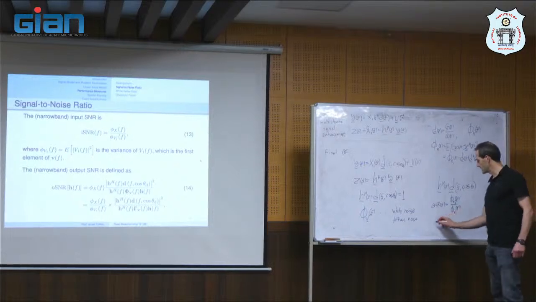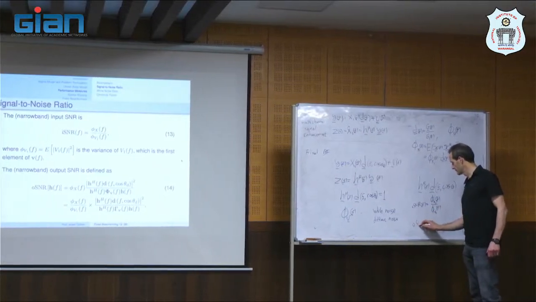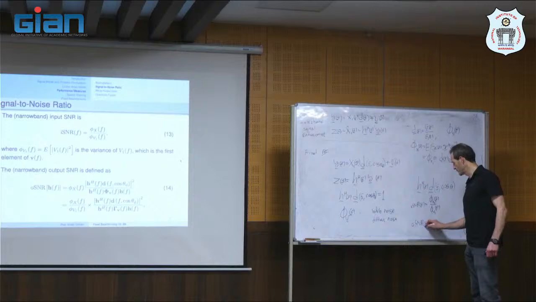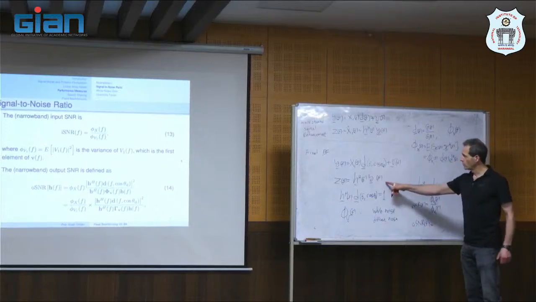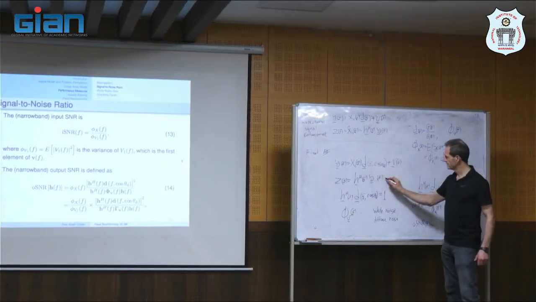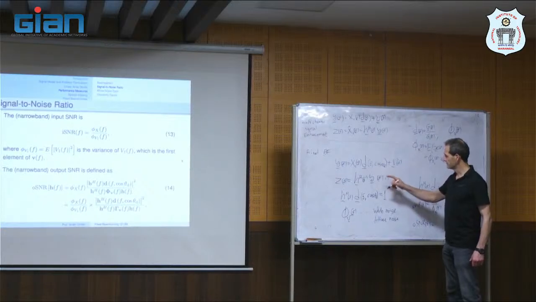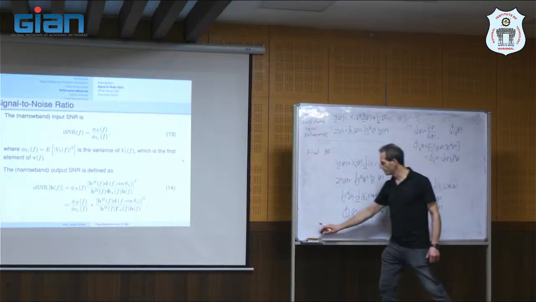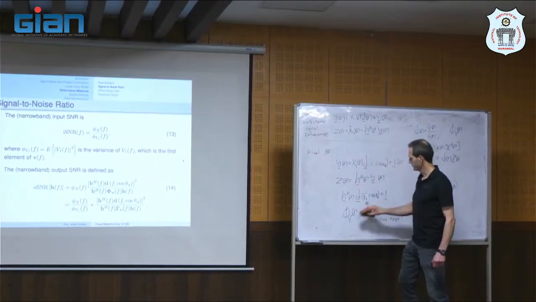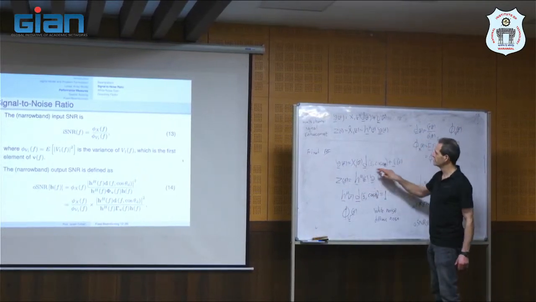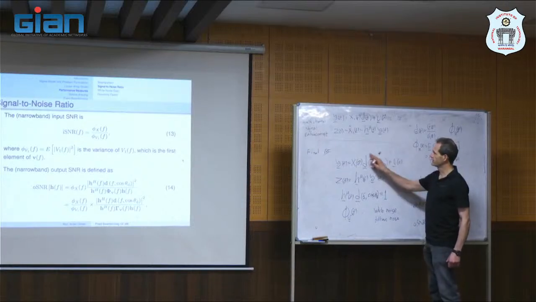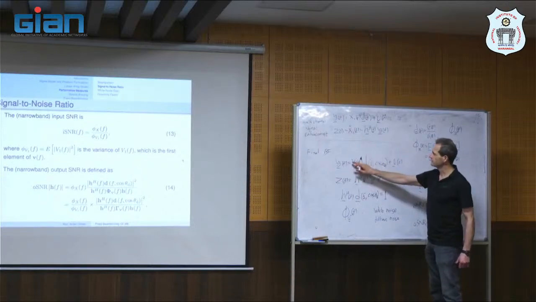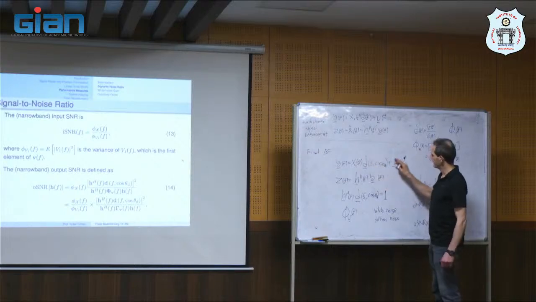The output SNR, narrowband, will be the variance when H is applied to the desired signal, divided by the variance when H is applied to the noise.